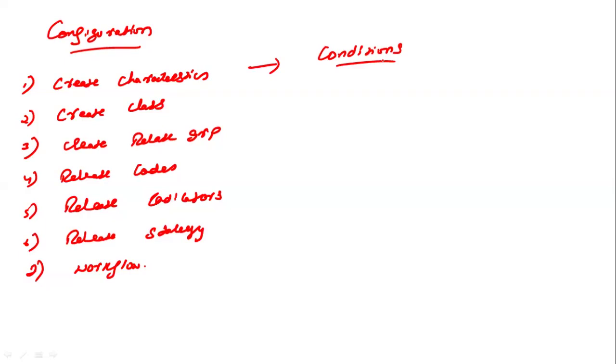So my business will tell, I want a condition placed based on the document type, plant, and the value. I want to set the release procedure only based on these conditions. So these are my characteristics. Conditions are my characteristics.